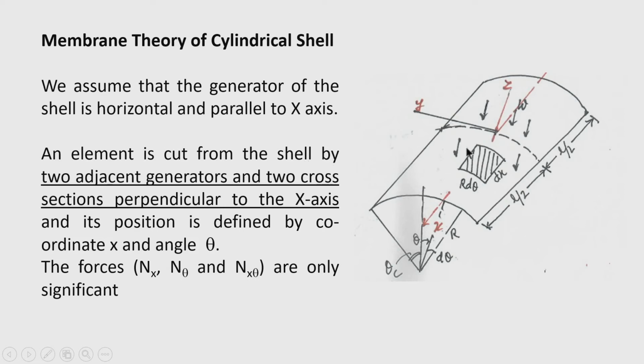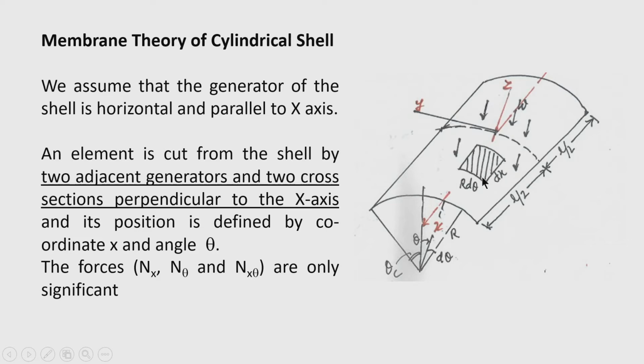So, now our intention is to develop the differential equation of equilibrium. We take an element of the shell. The element is taken by cutting the shell by 2 adjacent generators, and then 2 cross sections perpendicular to the x axis.